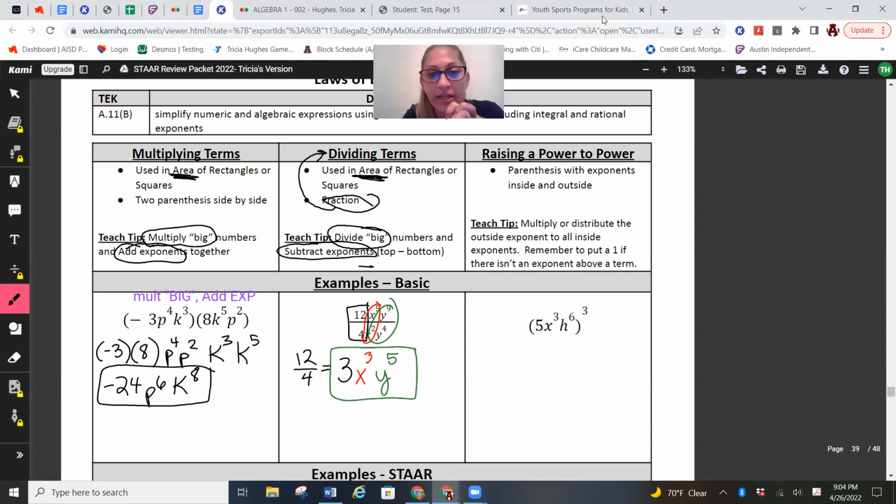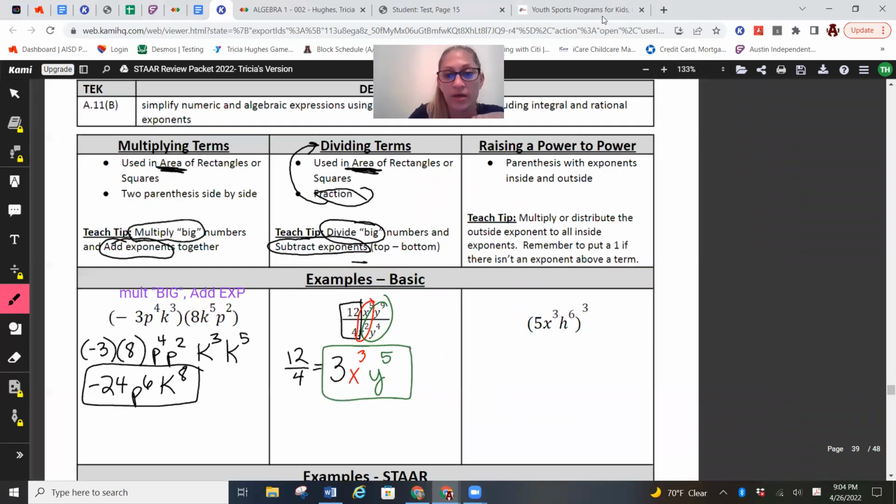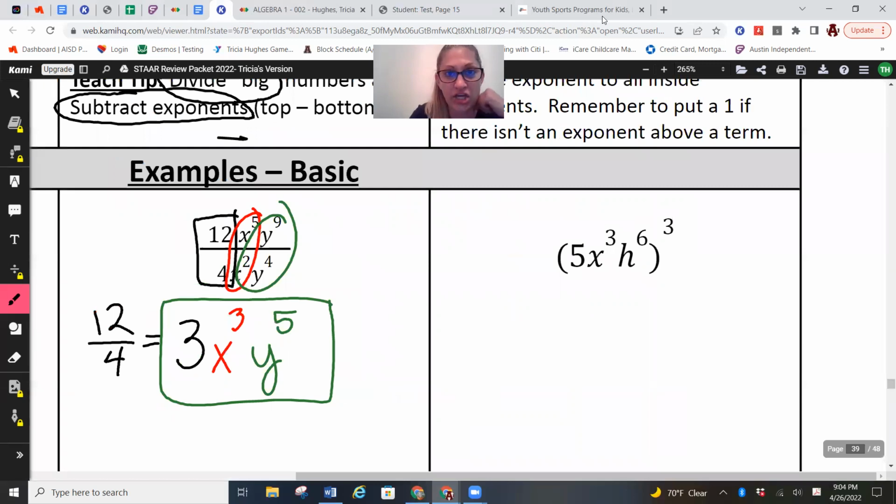Remember to put a 1 if there isn't an exponent above a term. Here it is. H has an exponent of 6. X has an exponent of 3. 5 does not have an exponent. You must put a 1 there. Now take your outer exponent and multiply it to your inner exponents.